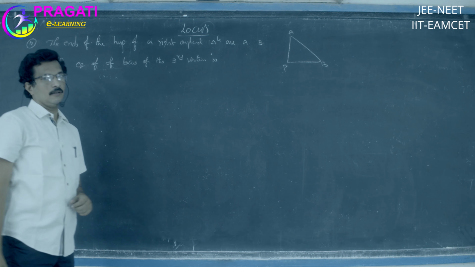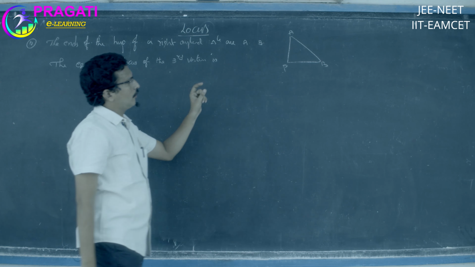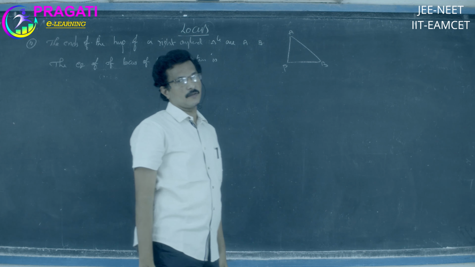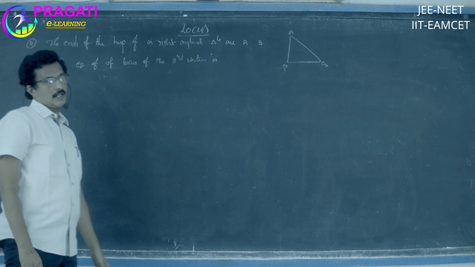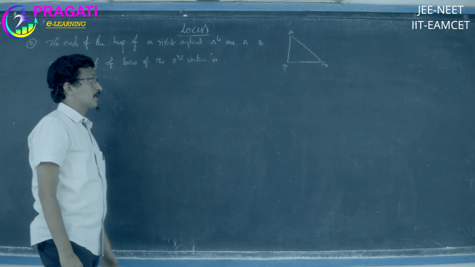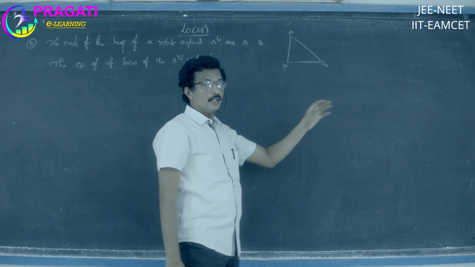Here we use the formula PA square plus PB square is equal to AB square, by using Pythagoras theorem, side square plus side square is equal to hypotenuse square. That means PA square plus PB square is equal to AB square.